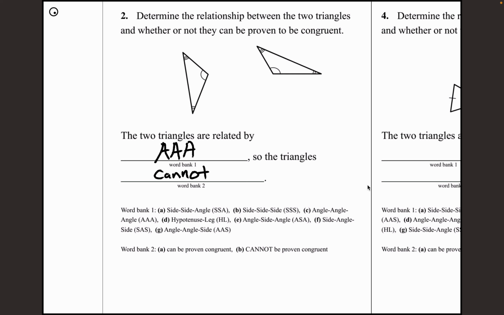Here's why angle, angle, angle does not work. Do you guys remember the dilations in chapter 3, when we were making the shapes smaller or bigger? If we have a triangle and we enlarge it, the sides get bigger, but the angles stay the same.